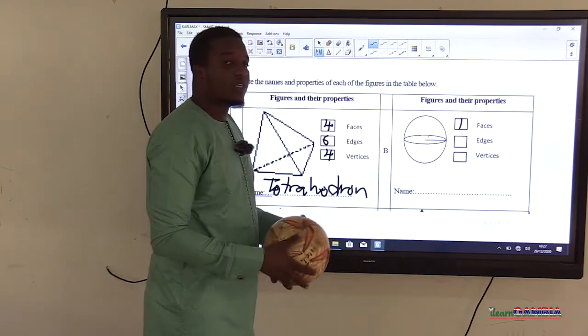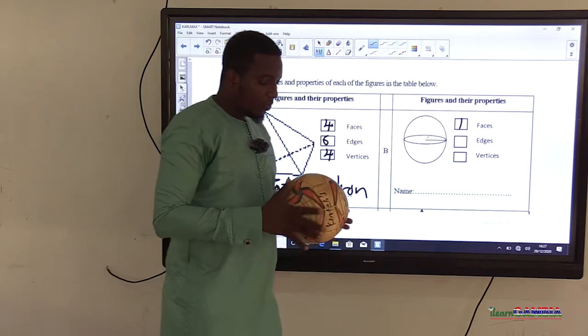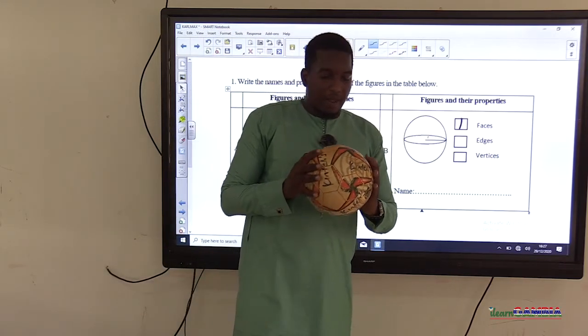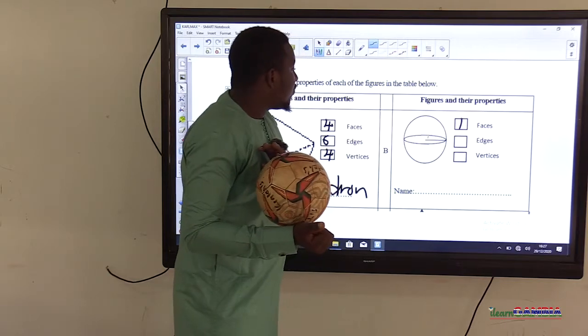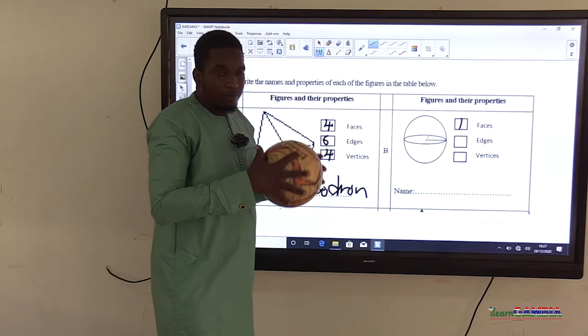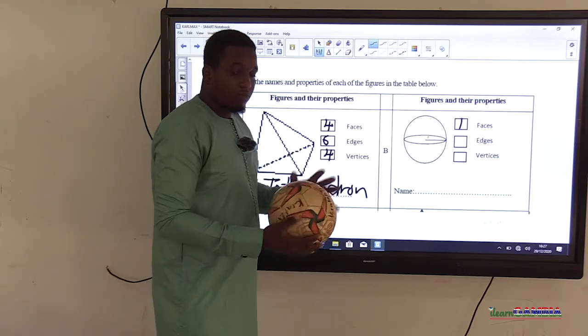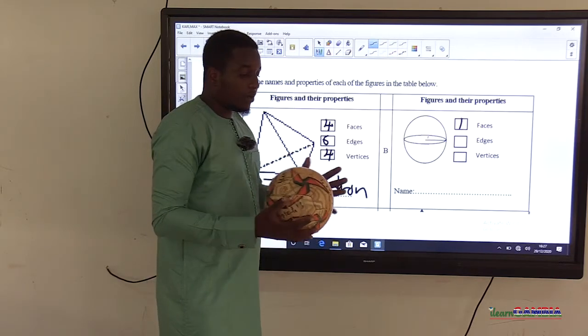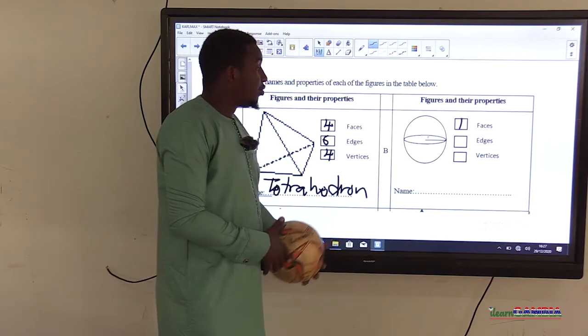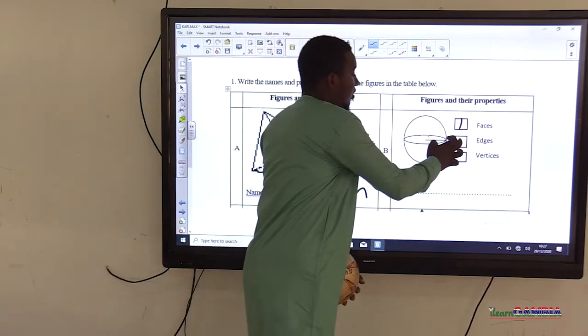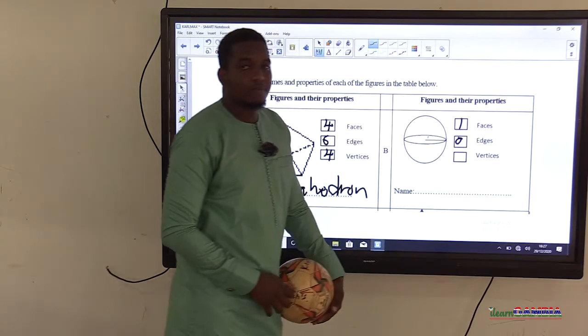Now, how many edges does it have? We say when 2 faces meet, an edge is formed. So here, we don't have faces that can meet and form an edge. So we can say it has 0 edges.